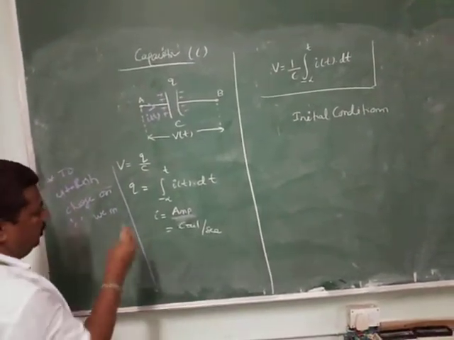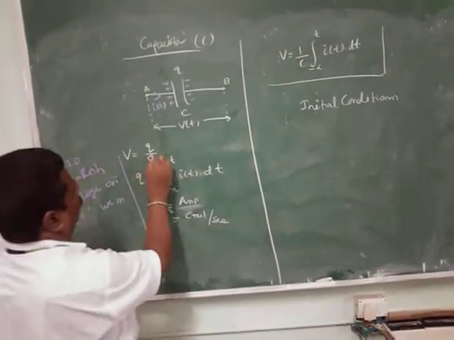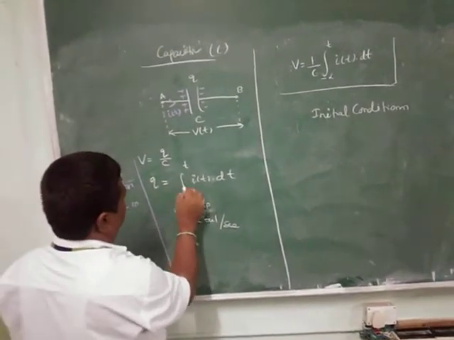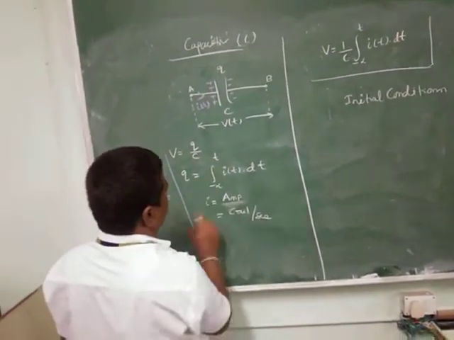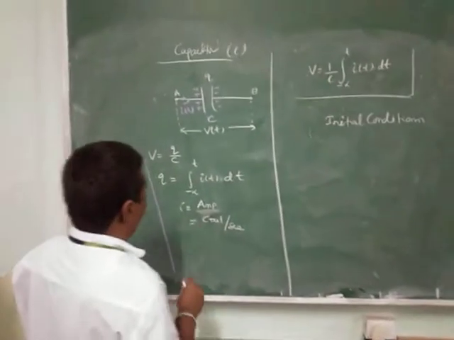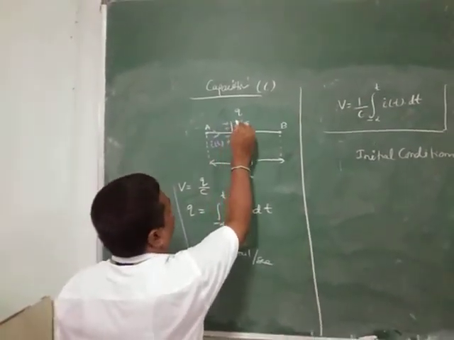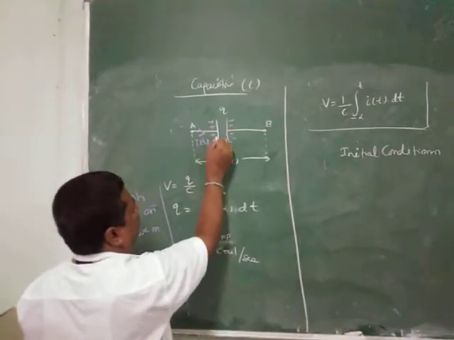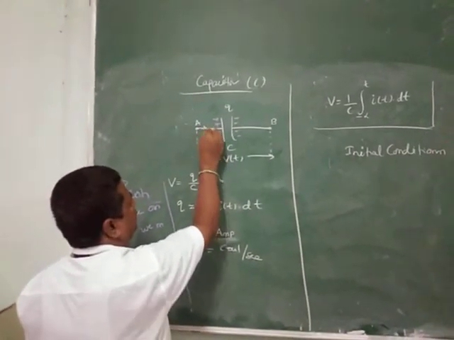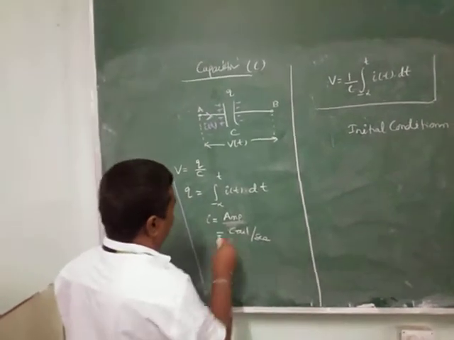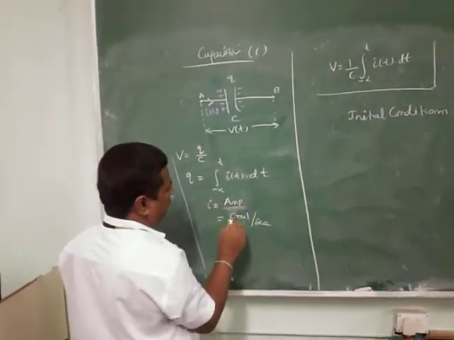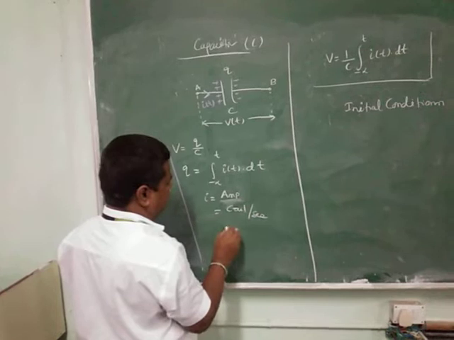Now you already know the well-known equation, V is equal to Q by C, and also Q is equal to integral from minus infinity to t of I of t dt. To establish a charge on capacitor C, you must pass a current for some time. What is current? Current I is amperes, that is equal to coulombs per second.